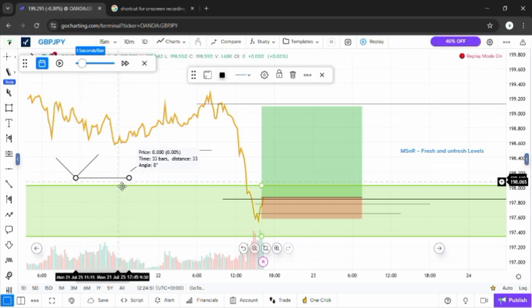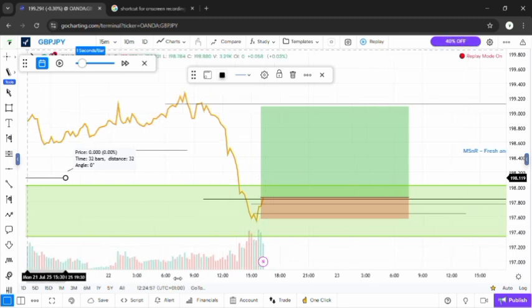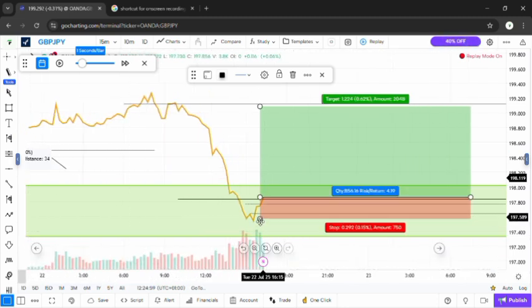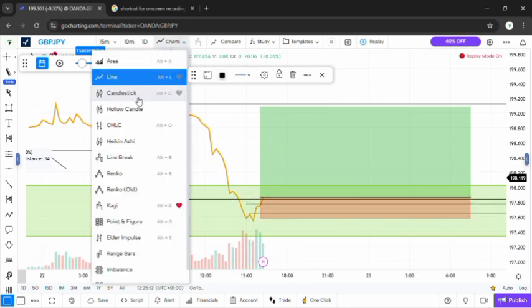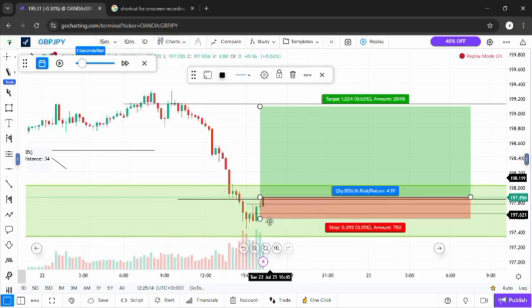So I looked at this point and I saw a V shape here. And price has not come here to do anything. So this is a very, very fresh level, right? Then I went back to my candlestick and I allowed the trade to go.